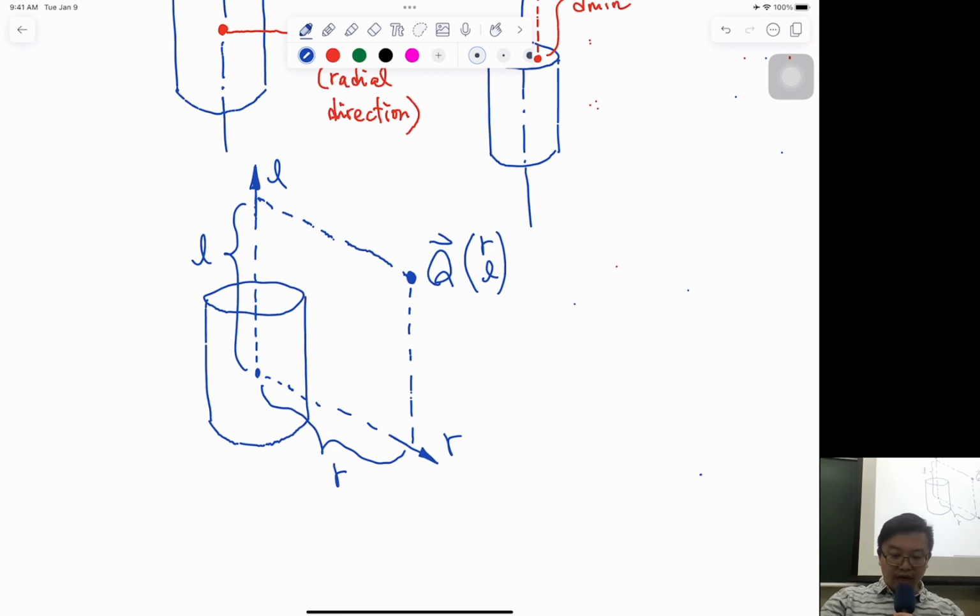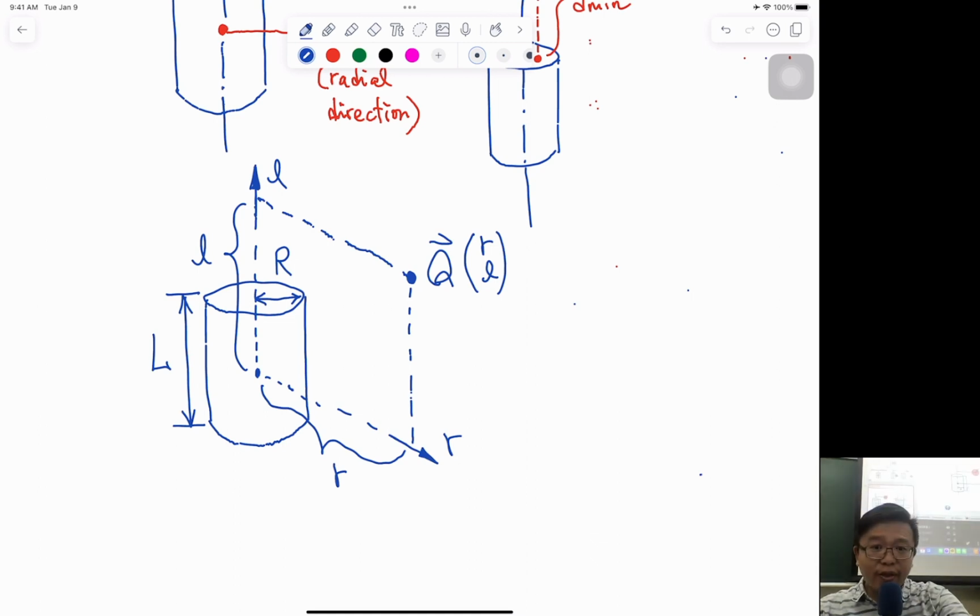And I'm gonna define the radius of the cylinder as capital R, and the total height as capital L, and I use R0, I see. Yeah, that's fine.